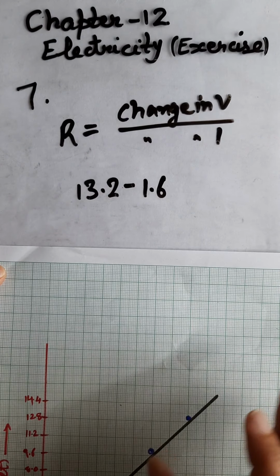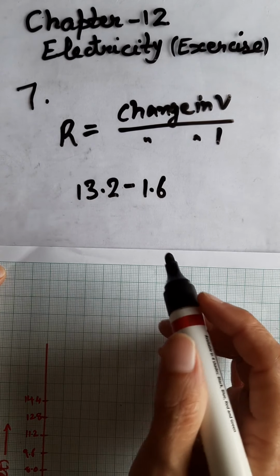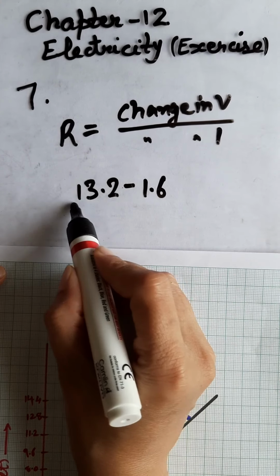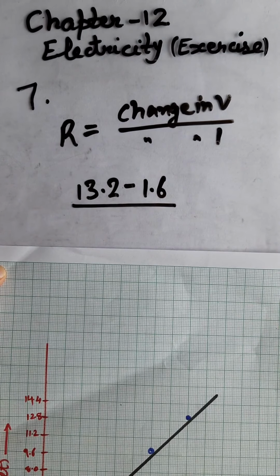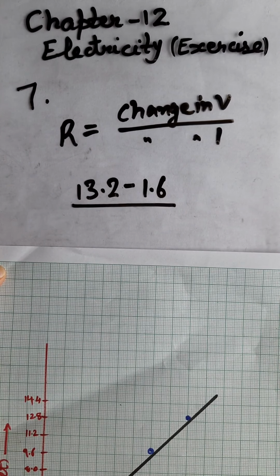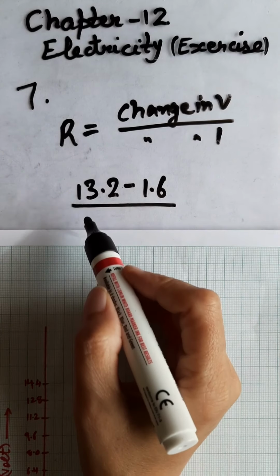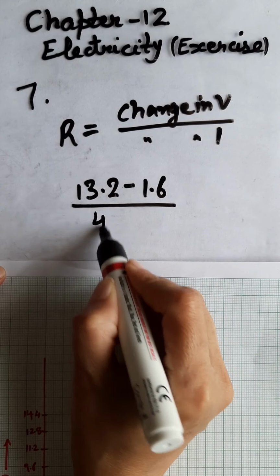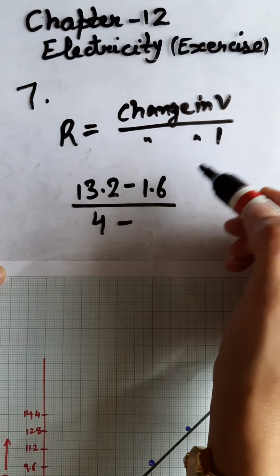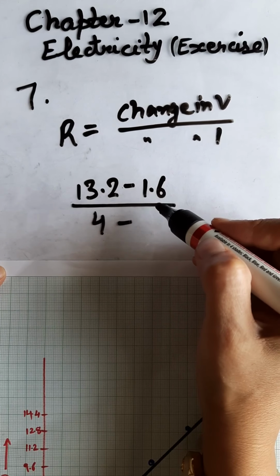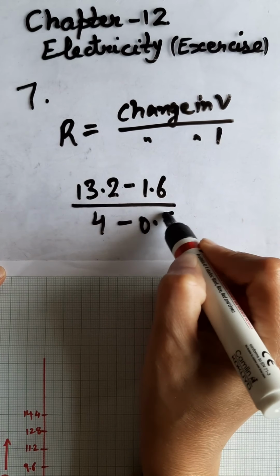So you can take any two values on the potential difference axis and divide by their corresponding current. The current corresponding to 13.2 is 4 and the current corresponding to 1.6 potential difference is 0.5.